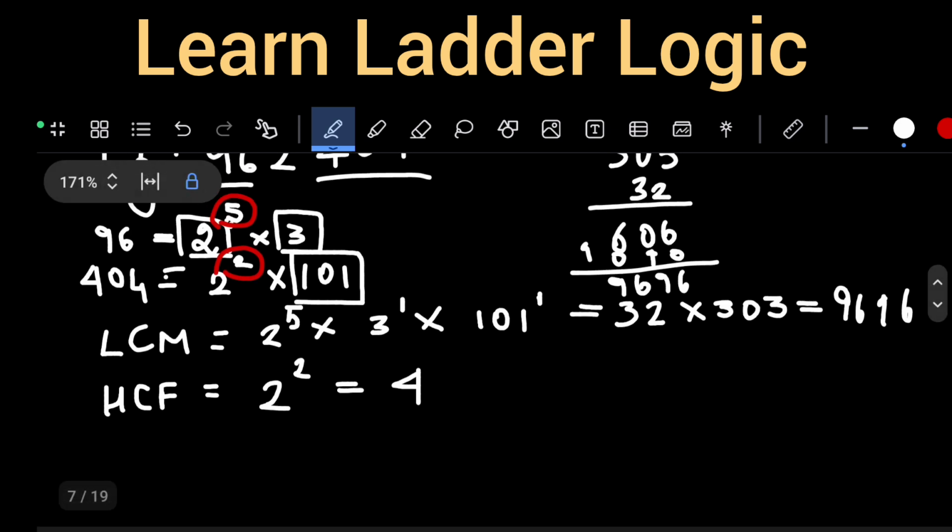And there is one beautiful thing in this, the LCM and HCF concept.